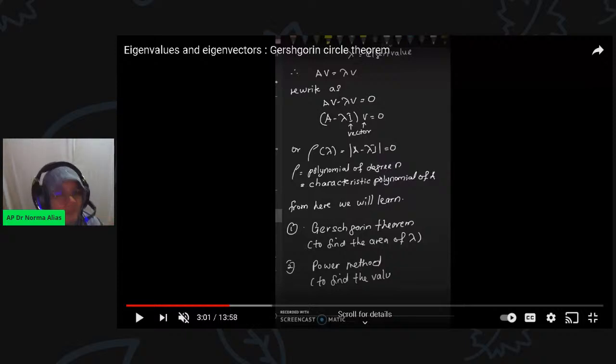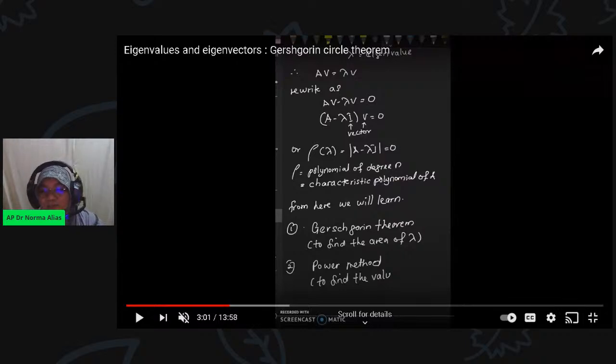The dominant or maximum lambda, we can use the power method. The power method is used to find the dominant lambda. What is lambda? It is the eigenvalue.